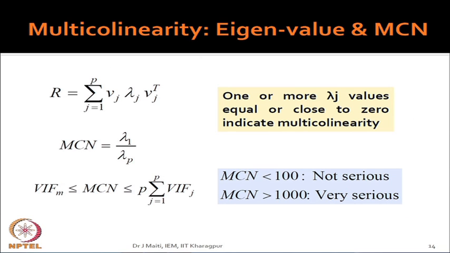Then another issue is the eigenvalue criteria. What is this eigenvalue criteria? All of you know the correlation matrix.